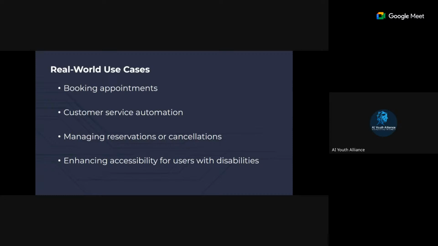There is another thing, accessibility for users with disabilities. In our society, there are many disabled people, those who cannot hear or cannot speak properly, or have other types of disabilities.